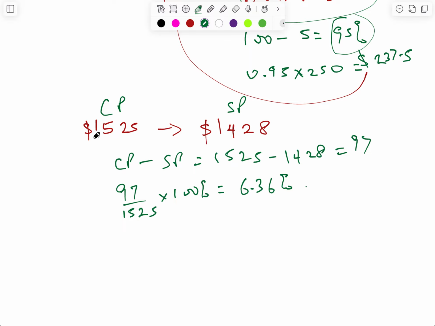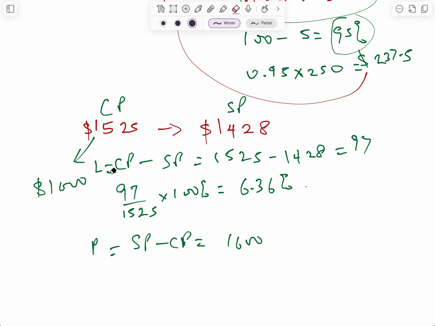In the case whereby, let's say, they sold it for 1,600, your profit will be selling price minus cost price, which is 1,600 minus 1,525.